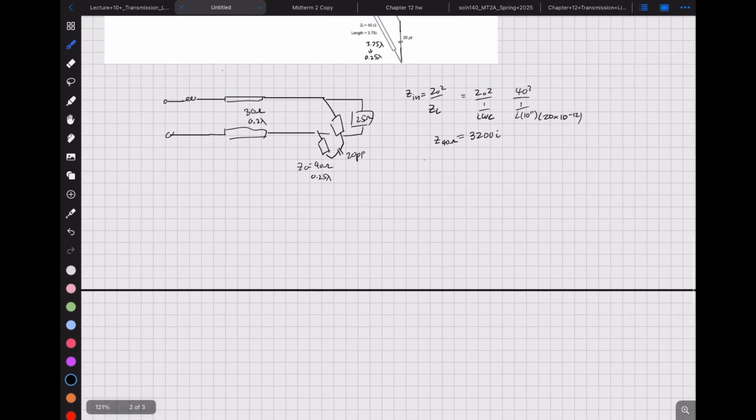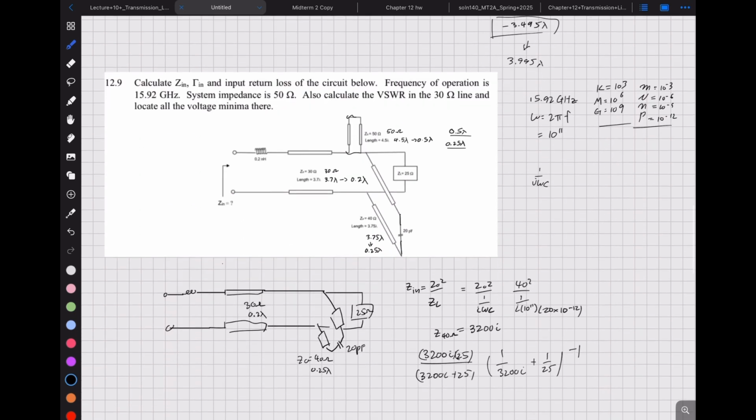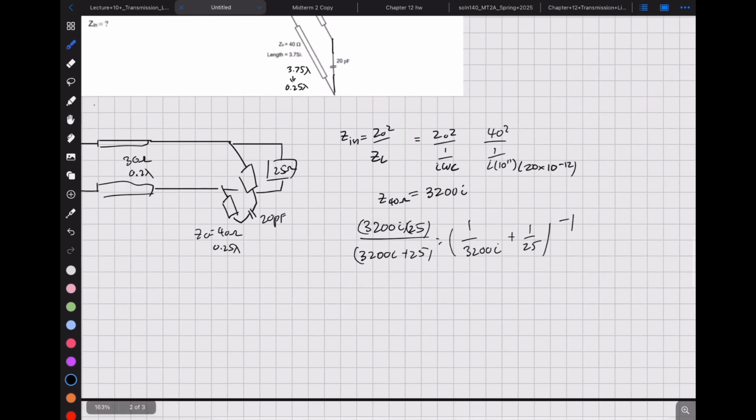These things are in parallel. We can do it many ways. We can do product over sum, or 1 over 3200, 1 over 25, and inverse. They both would result in the same thing.